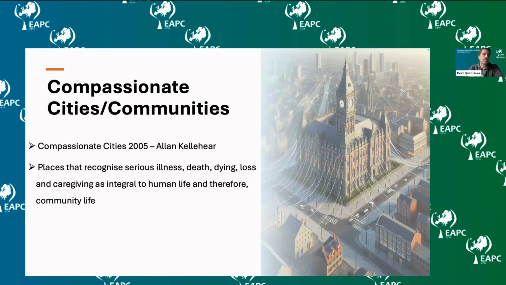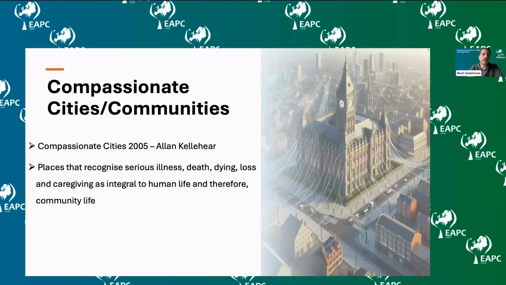Compassionate cities and communities are places that recognize that serious illness, death, dying, loss, and caregiving are integral to human life and therefore community life. It's the same as for schools. Death, dying, loss, and caregiving, they take place everywhere where people meet for social reasons, for professional reasons, for hobbies, for example. So it takes place everywhere where people meet. It doesn't make any sense not to target those areas.